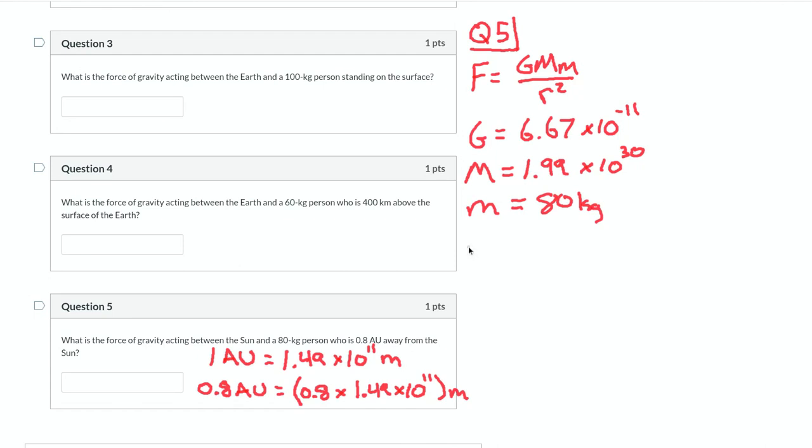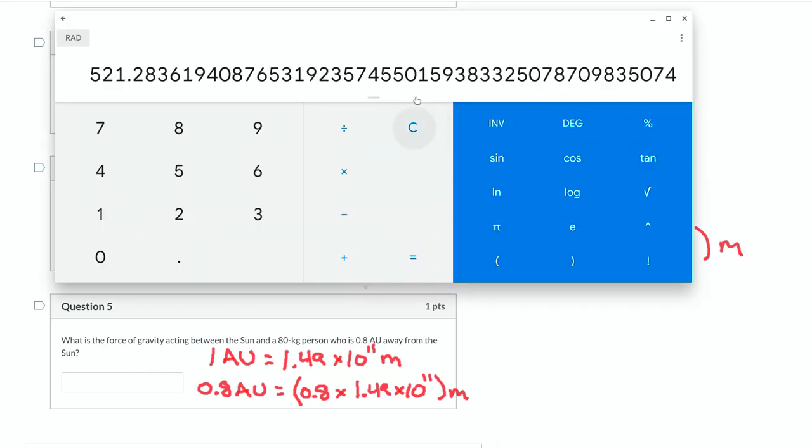And our distance is this 0.8 AU, which we said is 0.8 times 1.49 times 10 to the 11 meters. So again, when we put this in, we're going to put that whole thing in parentheses before we square it. All right, let's get our calculator and finish this up.